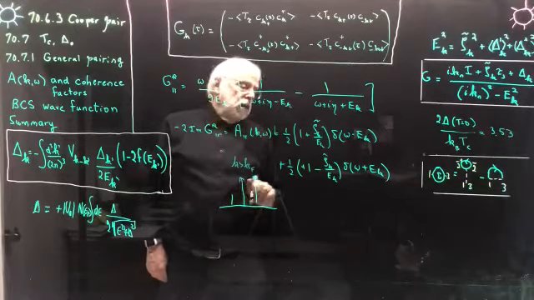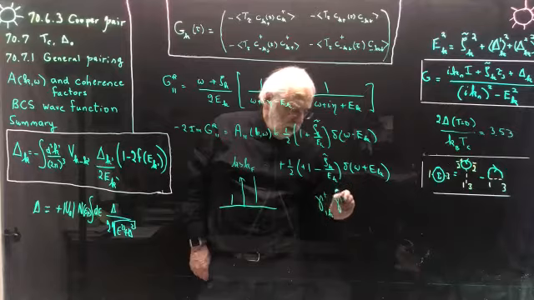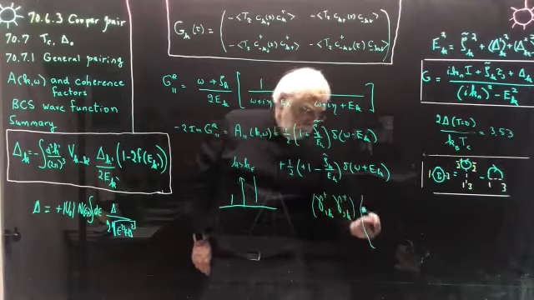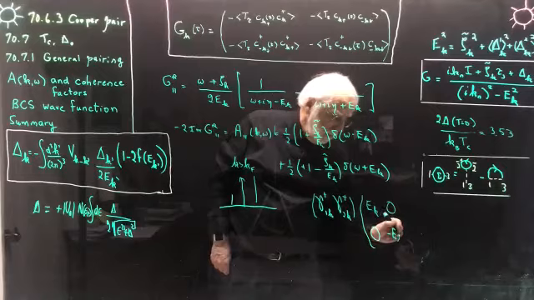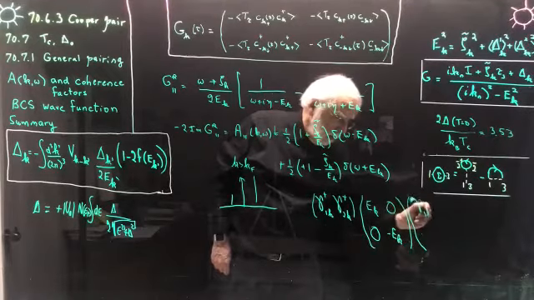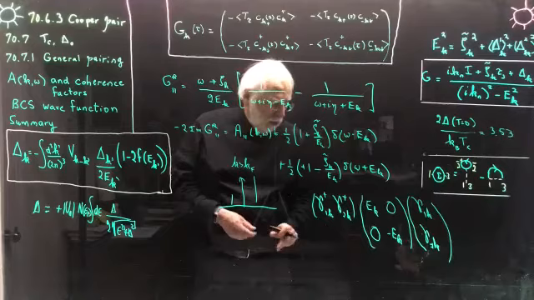Okay. So in other words, we have diagonalized the Hamiltonian. We have now new creation and annihilation operators. This is our diagonalized Hamiltonian.